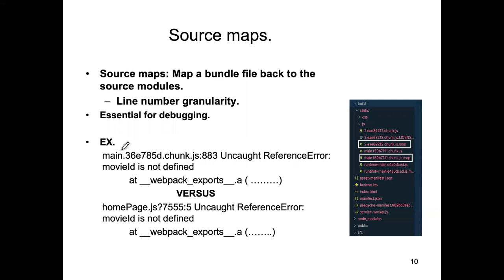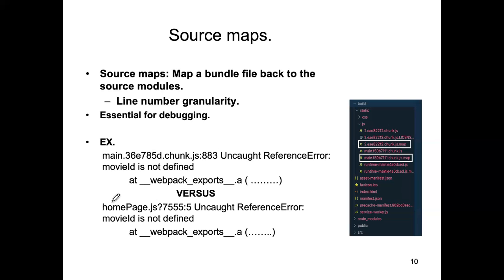And we saw that was one of the actual bundles or chunks that was generated for our movies app. And this is the error. But of course, this is no use to us. We can't actually debug it. What we want is to be told, where is the error in our source code file? And we can debug it then. Now, what source maps do is they transform this type of error message to something that we can actually understand.